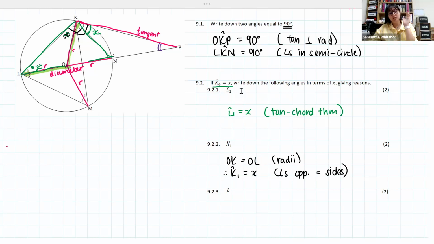I'll give you a hint. You need to look in a triangle. Sum of angles in a triangle might be useful to you.